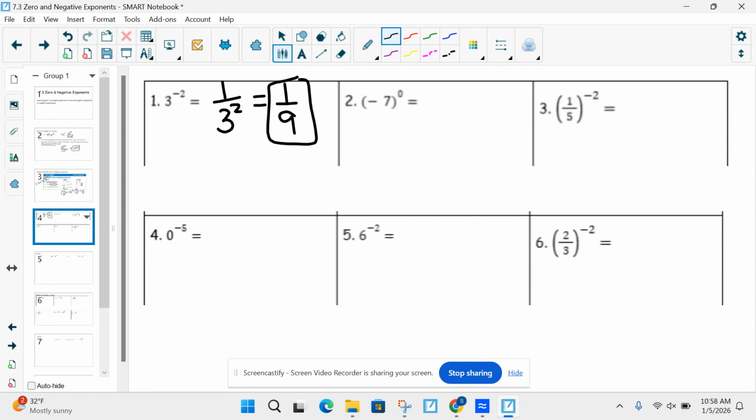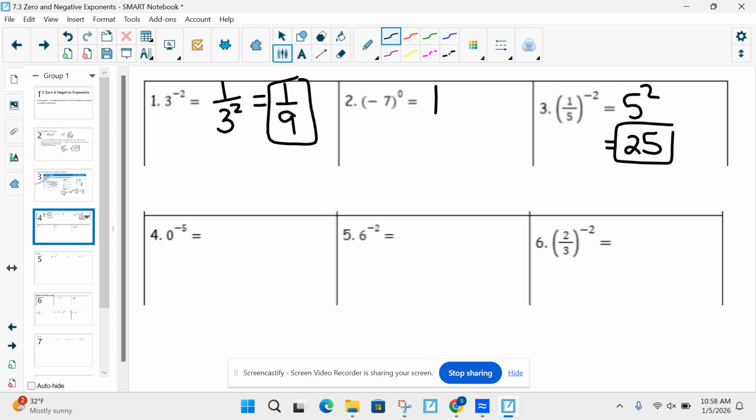Ferris? 1. Yeah, 1. Okay, number 3. It has a negative exponent and it's a fraction in the parentheses. So to make the exponent positive, you take the reciprocal of the fraction. So what's the reciprocal of 1/5? Xander? 5. Yeah, so write that as 5 and then now make the exponent positive, which is 25. So anytime you have a fraction to a negative exponent, you can just flip the fraction around. Just do the reciprocal of it.